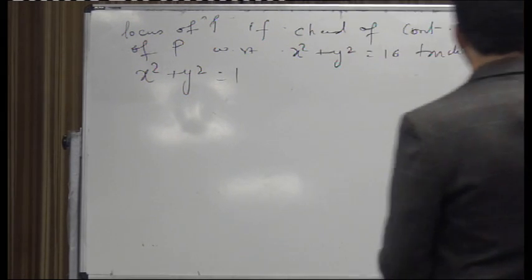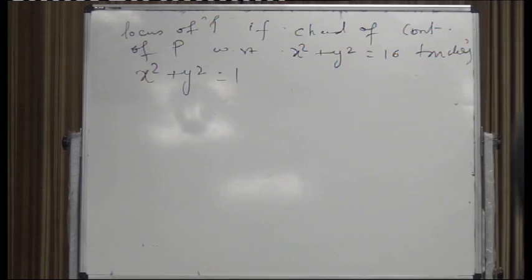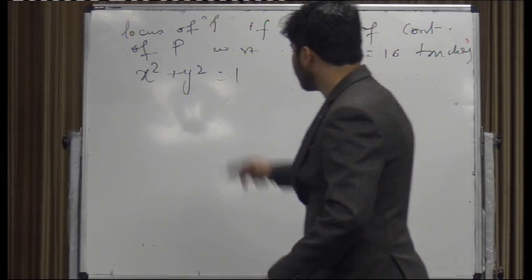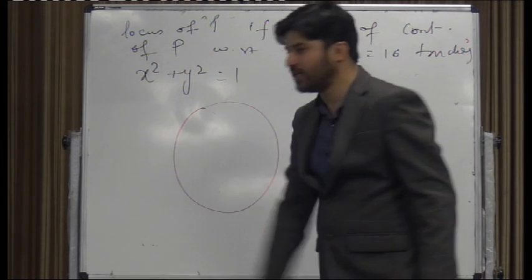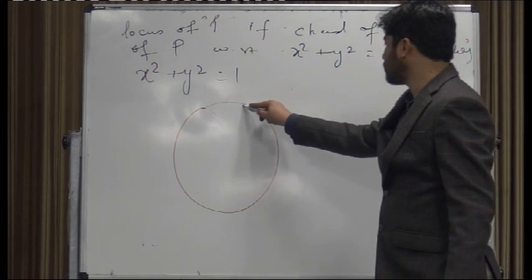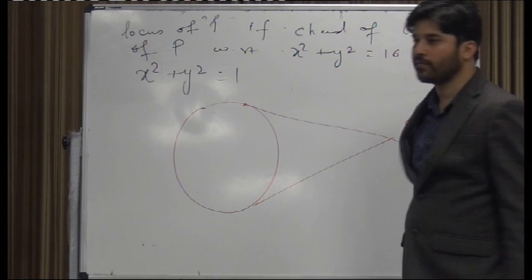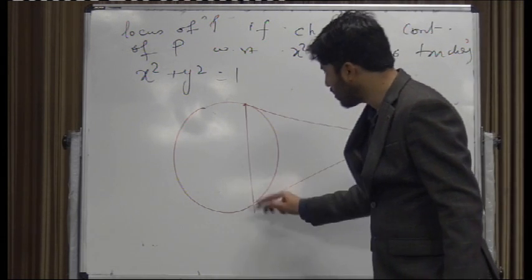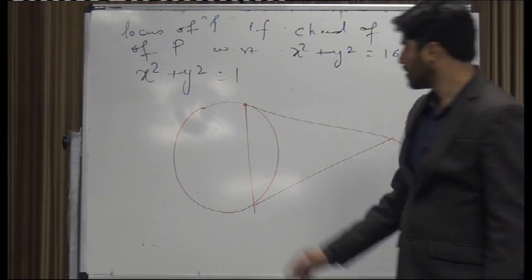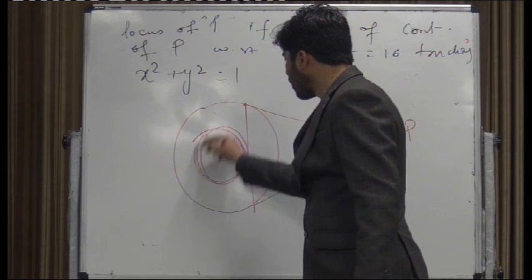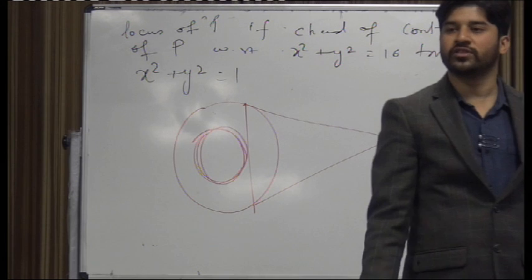So you have to find me the locus of P. How to go for it? Let's visualize the diagram. This is your x square plus y square is equal to 16, and this is your P, and this is your chord of contact, and this is your x square plus y square is equal to 1.